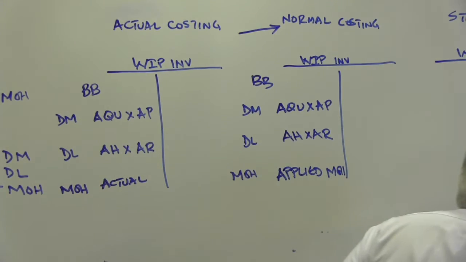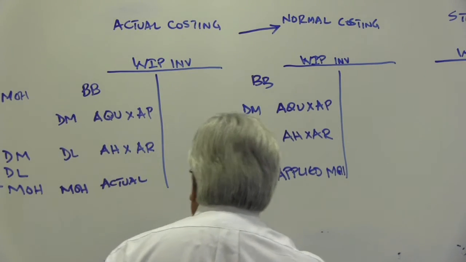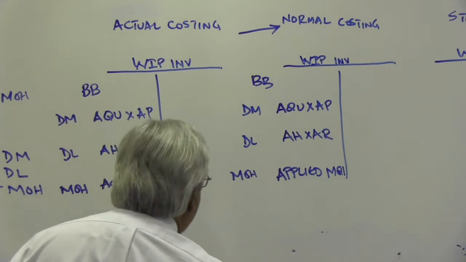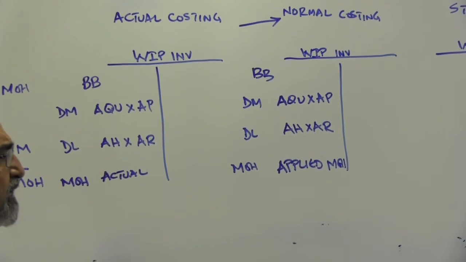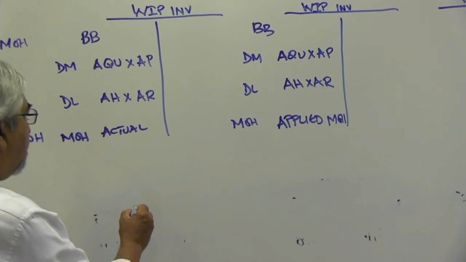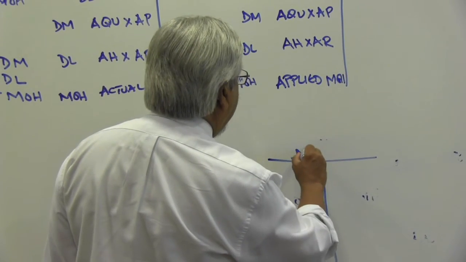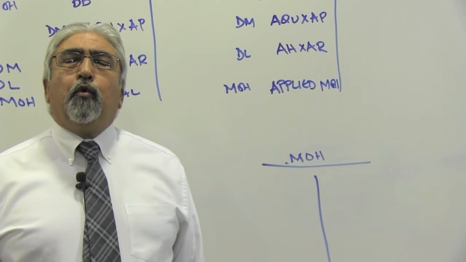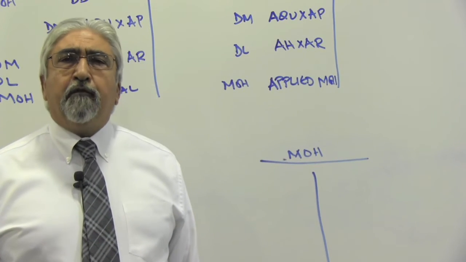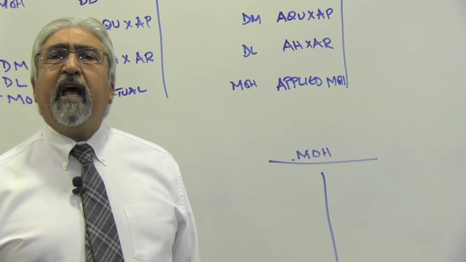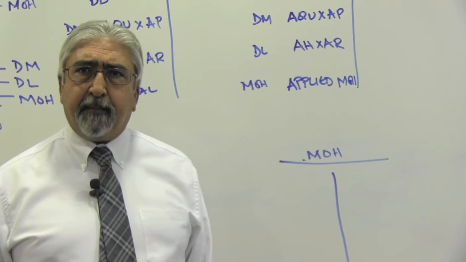First of all, in normal costing, we will create a new account called manufacturing overhead. To determine the applied manufacturing overhead, we have to go through a series of steps.